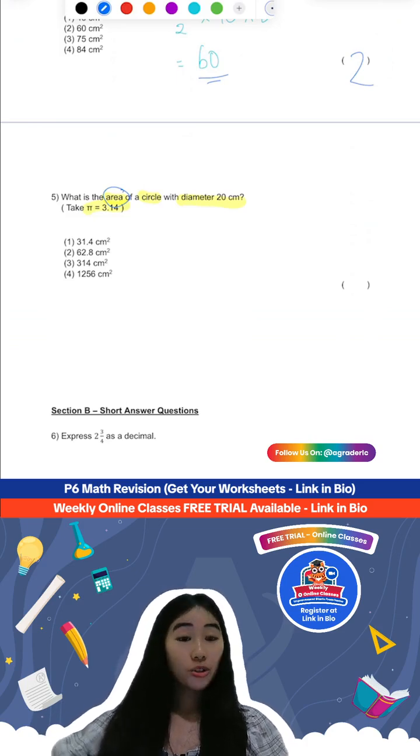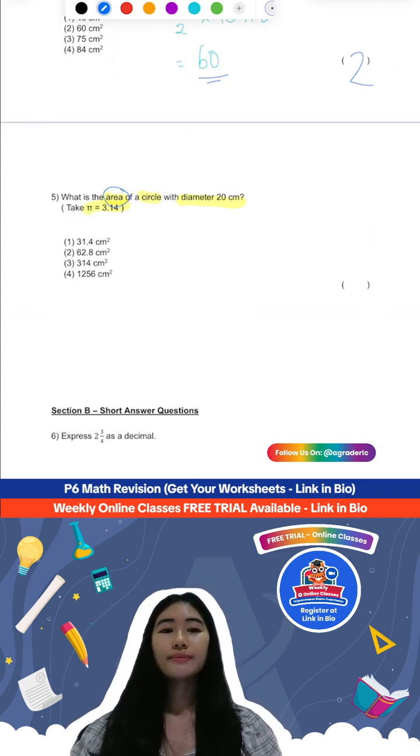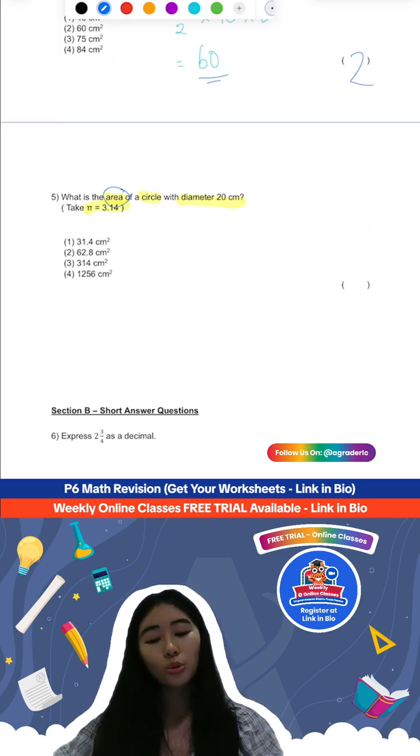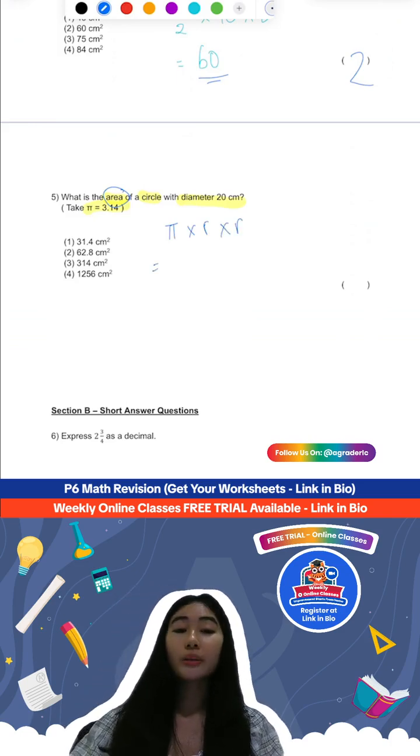If you're a P6 student, you should have memorized it by now. Pi r square, is it? Okay, pi r square is fine. Or pi times r times r. That's also correct. Make sure you use the correct formula, pi times r times r.